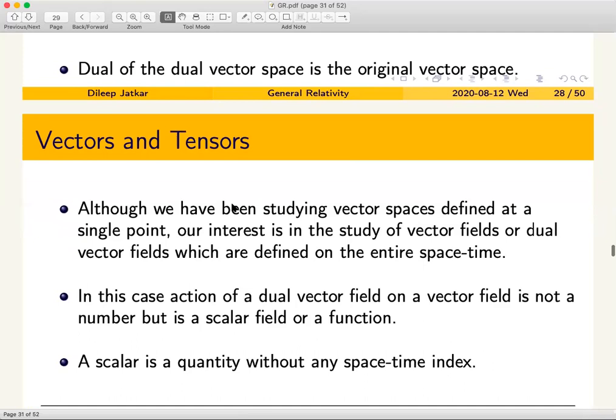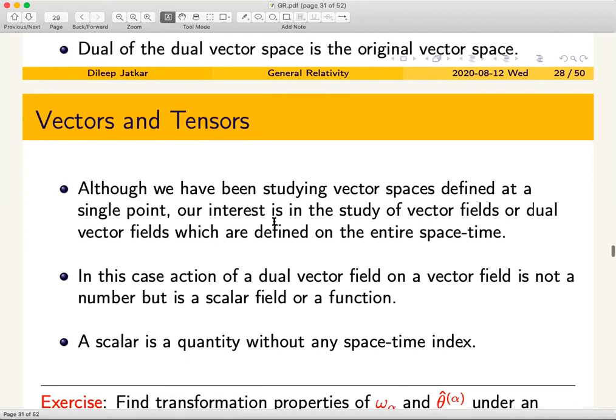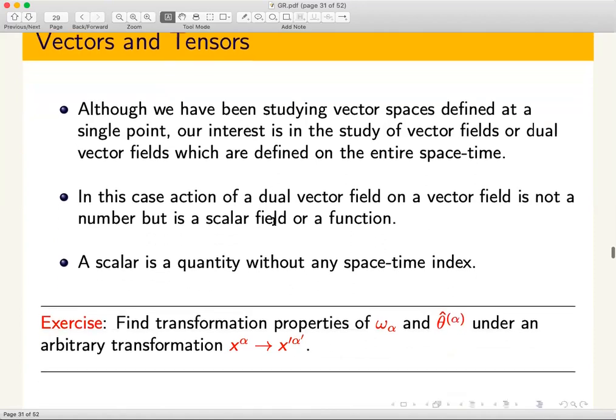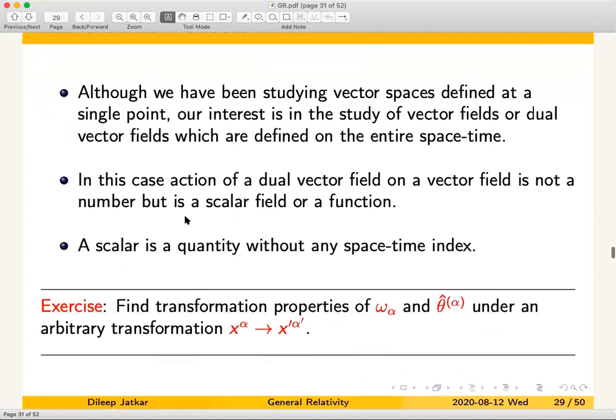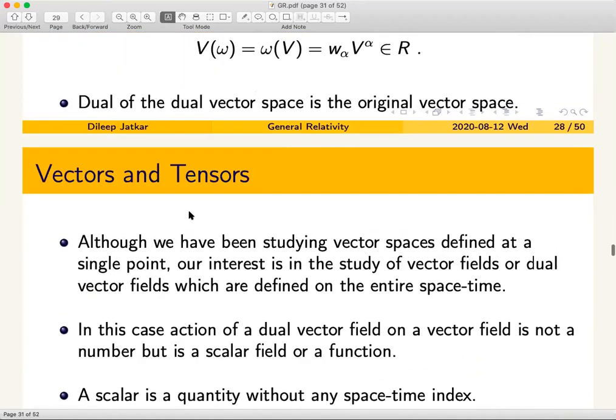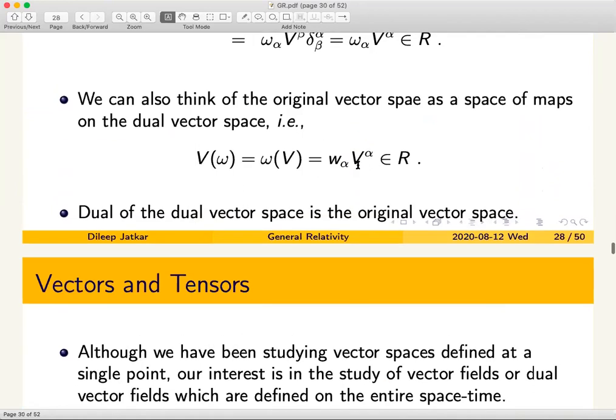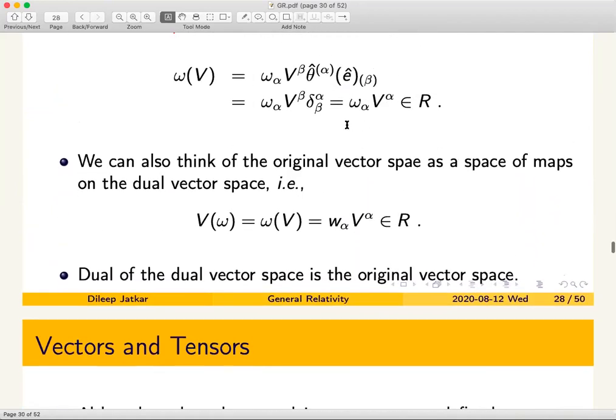If it was the same, then of course your scalar field would be constant, but that is not necessary. Of course, a scalar is a quantity which has no space-time index. So that is consistent with this inner product that we have defined, which does not have any space-time index because the index alpha is contracted.